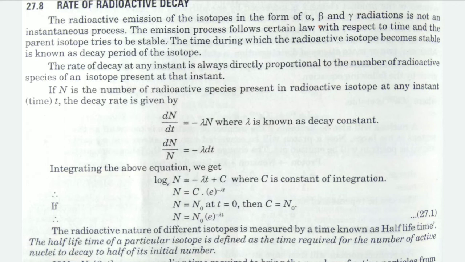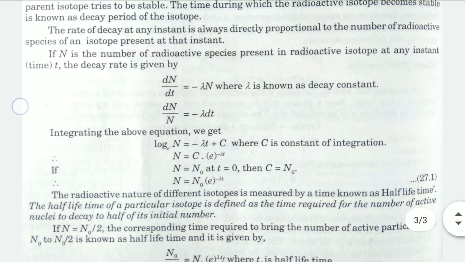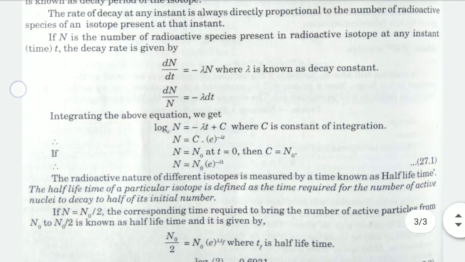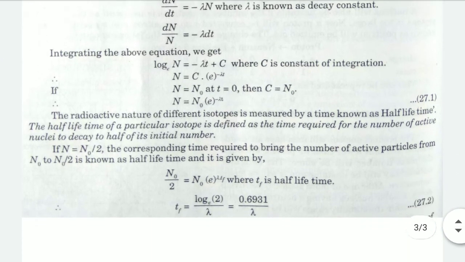Taking the anti-log, N is equal to C e raised to the power minus gamma t. If we consider N at t equal to 0, the starting point, then C is equal to N0. So N is equal to N0 e raised to minus gamma t.